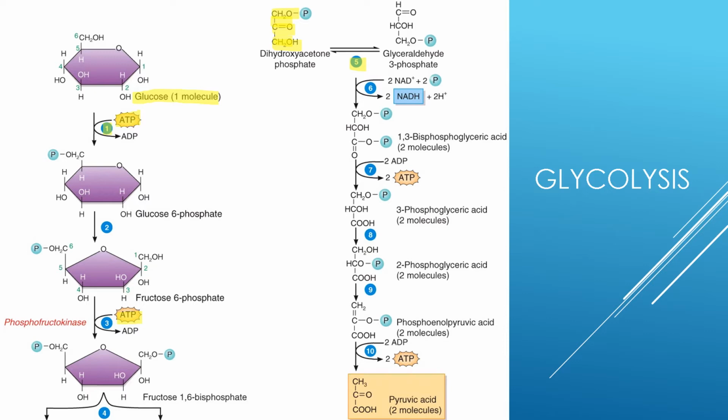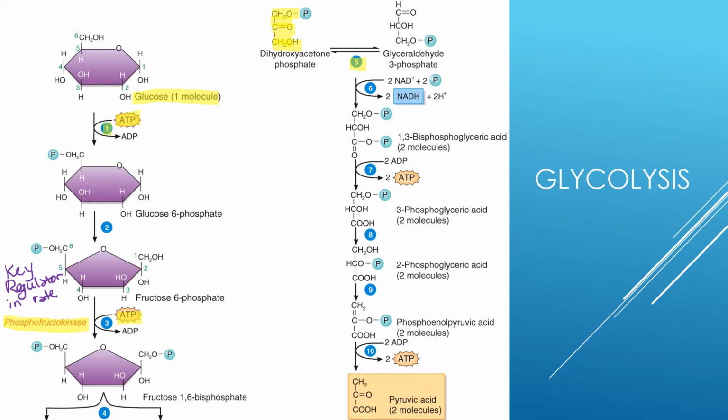One other possibly important enzyme in this reaction is this enzyme here, phosphofructokinase. This is a really important enzyme in glycolysis, and it's a key regulator in the rate of glycolysis, or how quickly glycolysis can proceed.